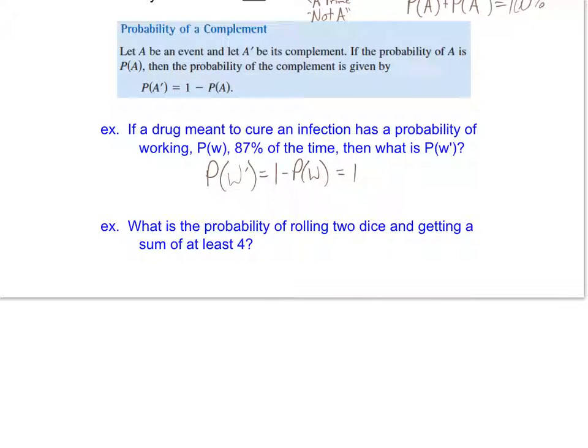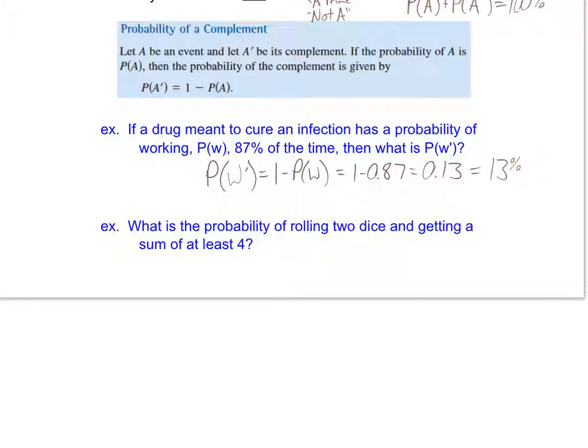So 1 minus 0.87 would be 0.13 or 13%. If it doesn't ask you for a percent specifically, then I don't mind if you give me the decimal or the percent. It doesn't matter either way.